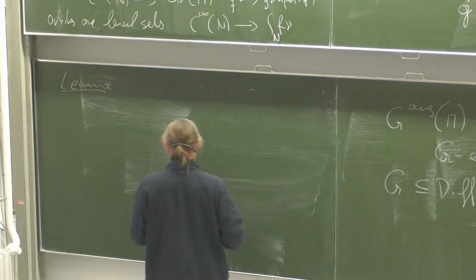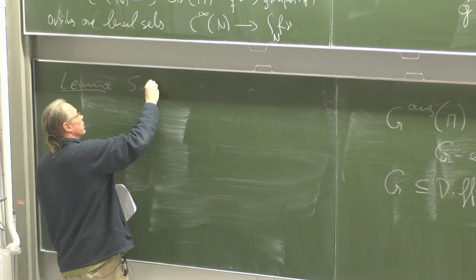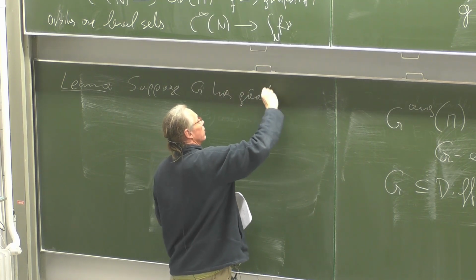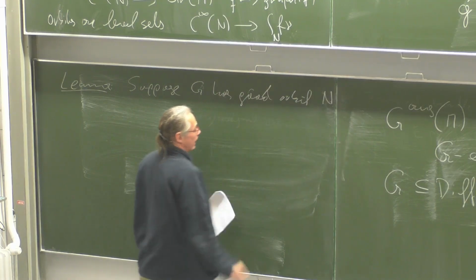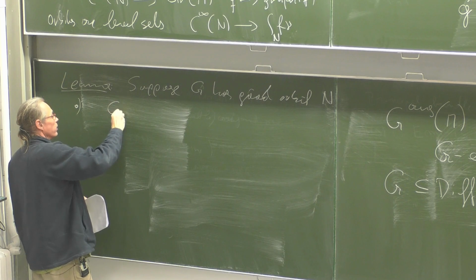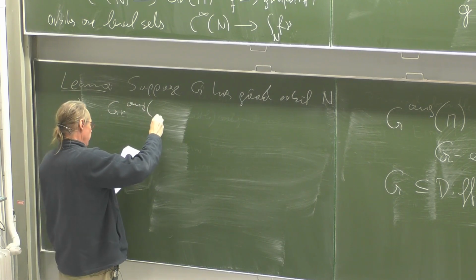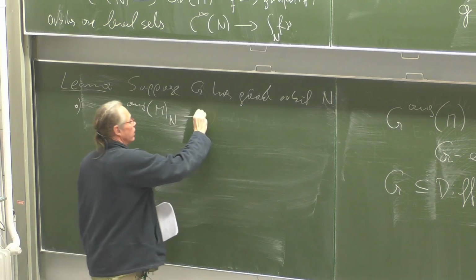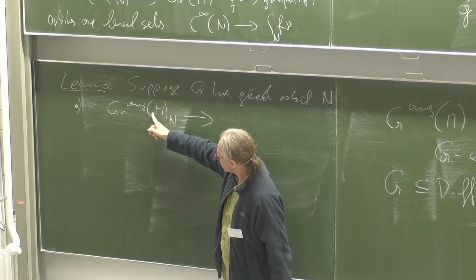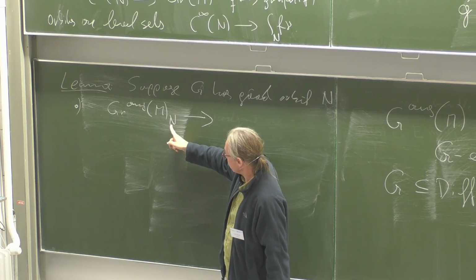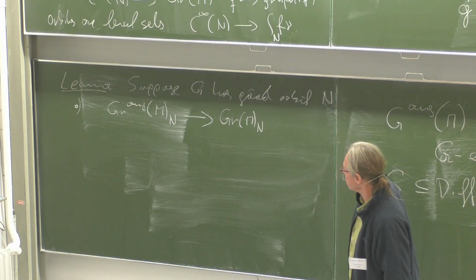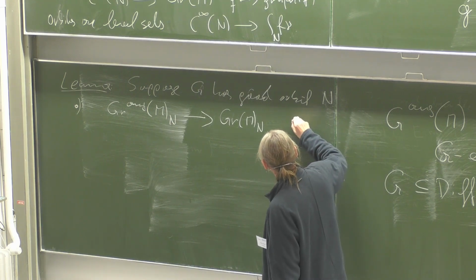So suppose G has good orbits. Then you can put the structure of a Fréchet manifold on the piece of the augmented nonlinear Grassmannian sitting over the orbit through N. You have a forgetful map to this orbit, and this map is going to be a smooth fiber bundle.